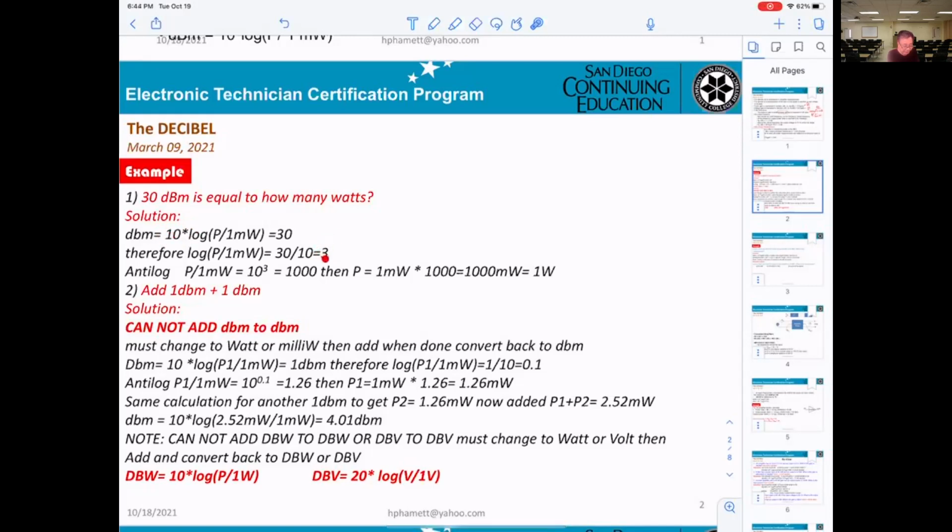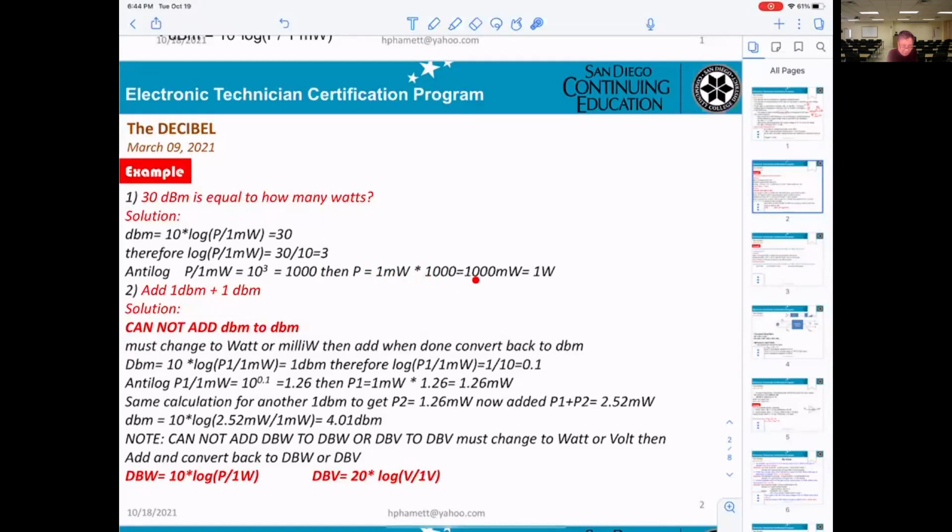You get number 3. Okay, then now you remove the log. Take it out. Then you get P over 1 milliwatt equals, this is a log base 10, so 10 to the power of 3, and that equals 1,000. So P over 1 milliwatt equals 1,000. You get P equals 1 milliwatt times 1,000.